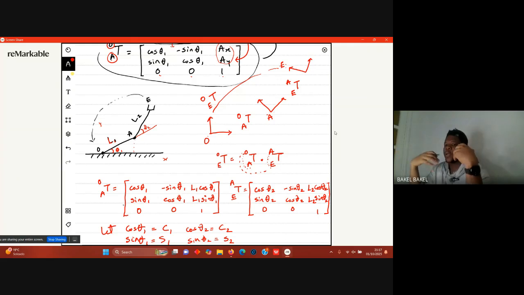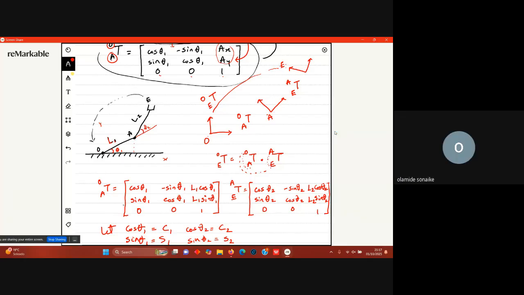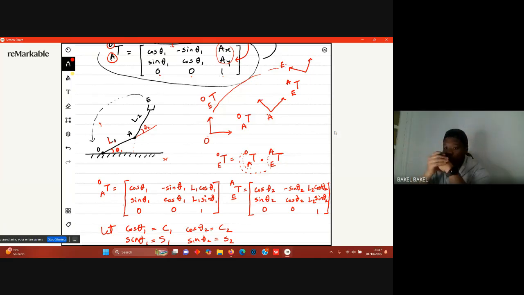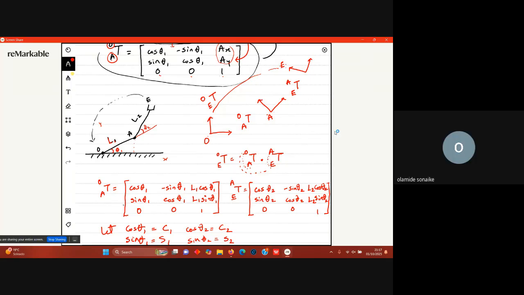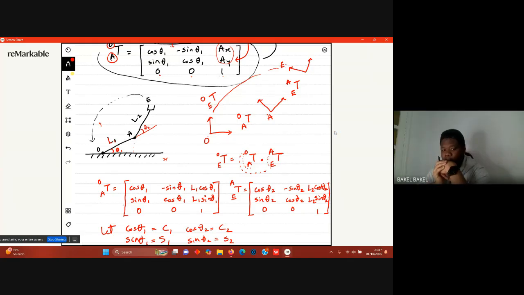So I'm trying to understand how you see it. Is this the triangle with the L1? I'm trying to understand how you got the L cos theta part.